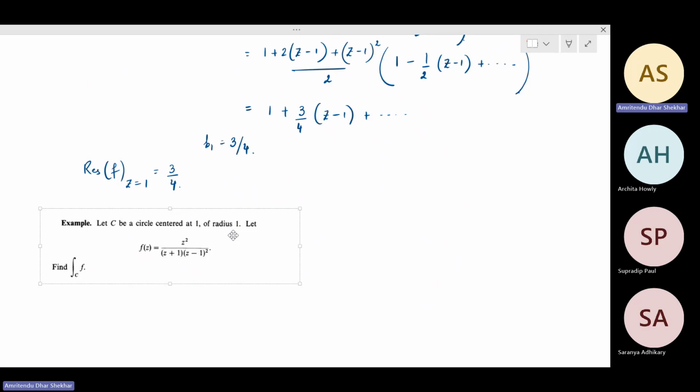Because the other singularity, which occurs at z equals minus 1, lies outside the circle.